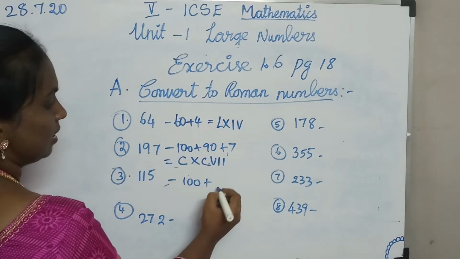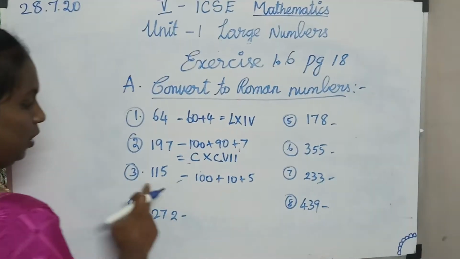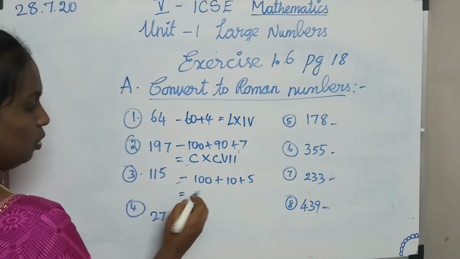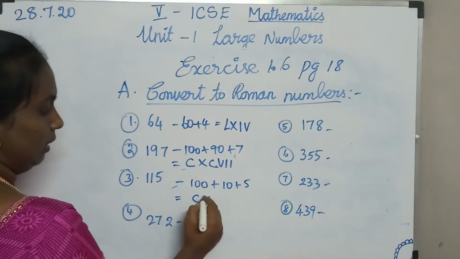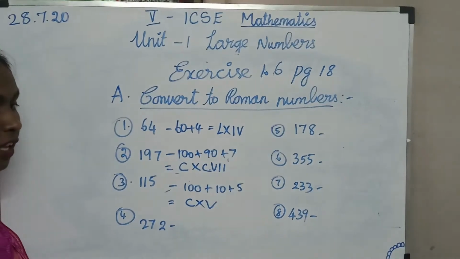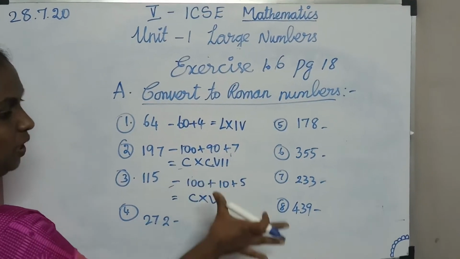Next, 115. We can write 100 plus 10 plus 5. So we know C, X and V. It is very easy to write the number if you are splitting it.